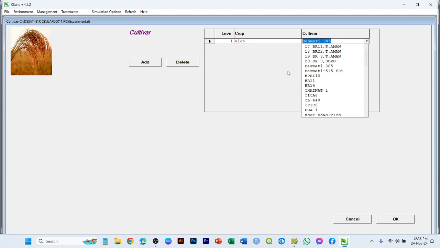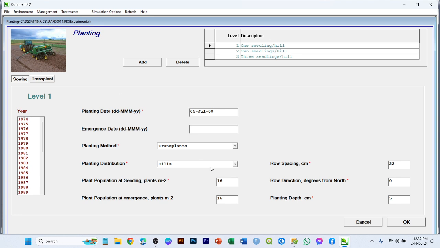Okay. So after entry of all types of cultivar, when you complete this section, next you have to go for planting. There were 3 treatments in planting: 1 seedling per hill, 2 seedlings per hill, and 3 seedlings per hill.